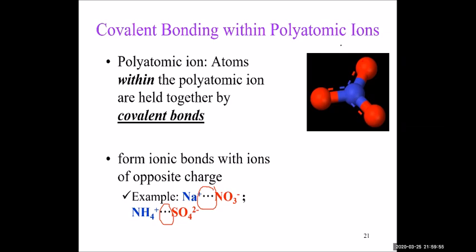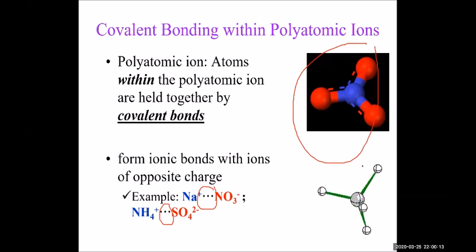Within the polyatomic ions, nonmetal with oxygen or any other elements will be the covalent bonding. So the covalent bonding is very common, and it's very strong, very stable. And this is the sulfate ion, and later we'll learn about the shape. The shape of the molecule or ions can be easily predicted by the Lewis structure.